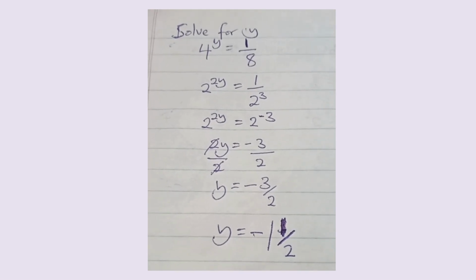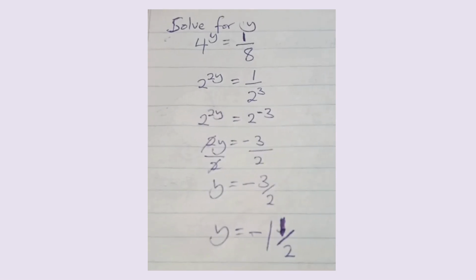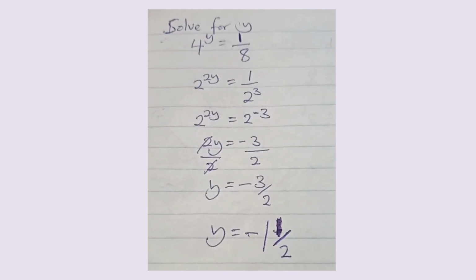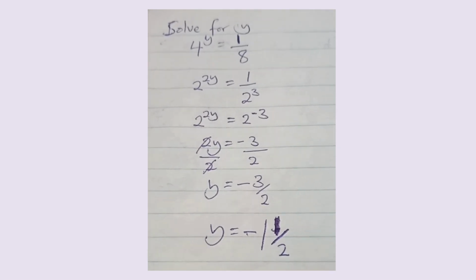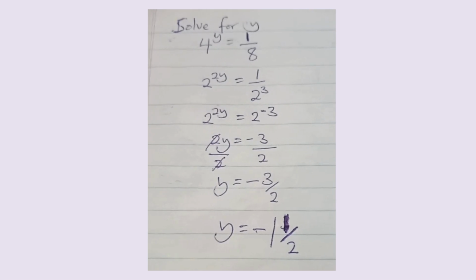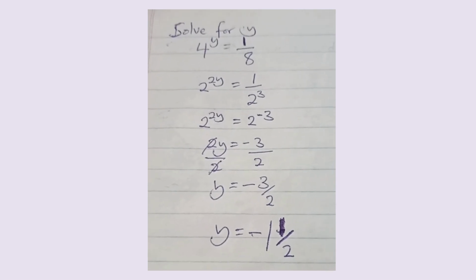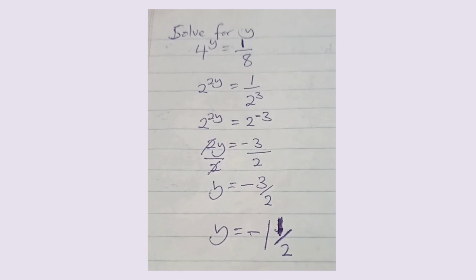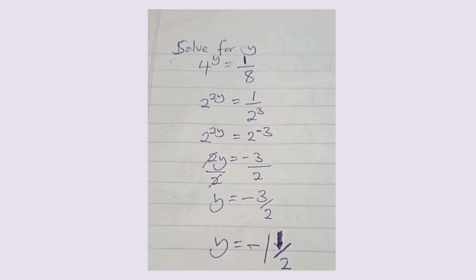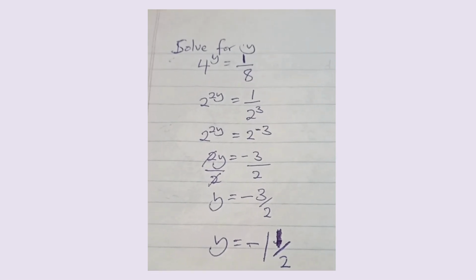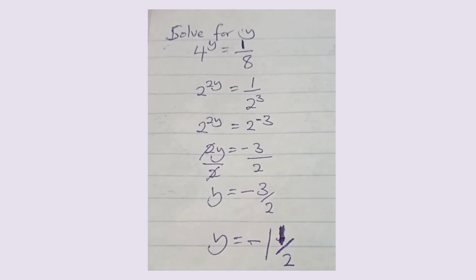So the 4 will give us 2 to the power of 2. And the 8 will give us 2 to the power 3, because 2 times 2 times 2 gives us 8. So the prime product for the 8 is 2 to the power 3, and the prime product for the 4 is 2 to the power 2.